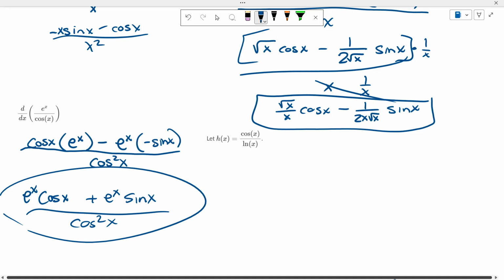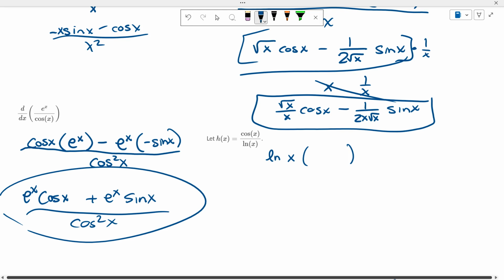Okay, last one of these like this, then we'll do a couple table ones, and then we'll look at the cofunctions. So ln of x, we're behind, so we got to catch up.